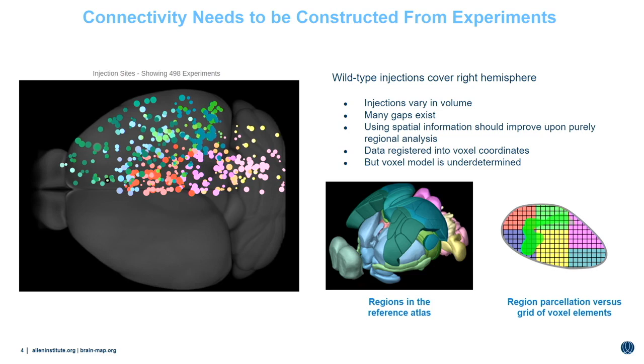So we have to deal with the fact that we have varying volumes of injections when you combine all this data. There are gaps between the injection sites. And really, we want to use a method that uses more than just which region was the injection delivered to. So here you can see cortical regions kind of in the top here. Some of them have been cut away in the reference atlas.